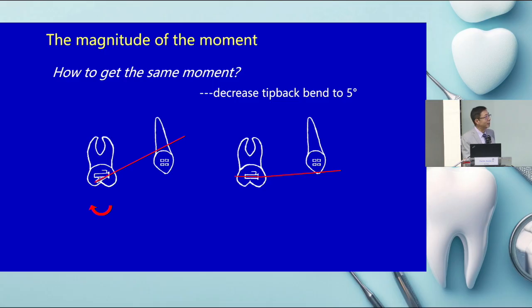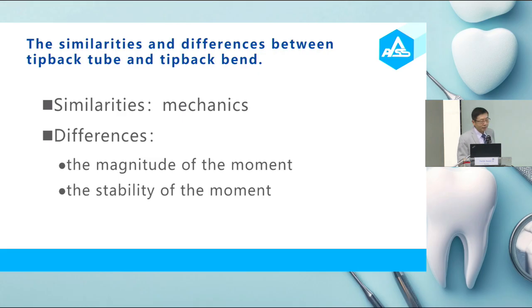If we engage the archwire, what kind of moment does the molar get? It will get a forward moment, right? So even though the biomechanics is the same, since the magnitude is much different, it may change the direction of the moment on the molar. The second, let's look at the stability of the moment.